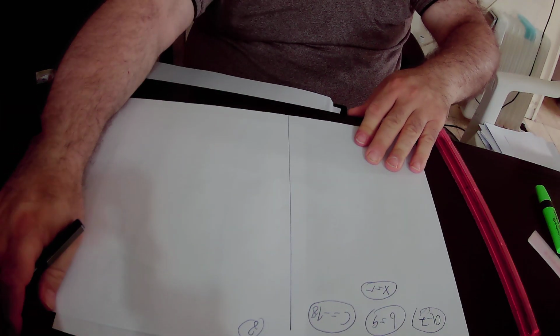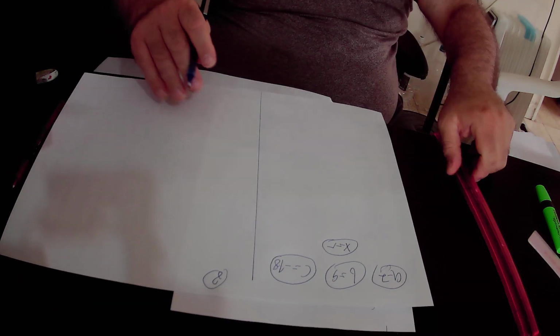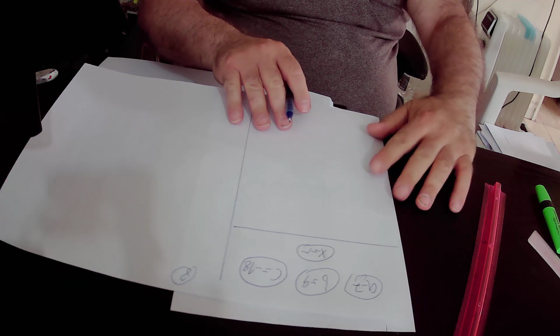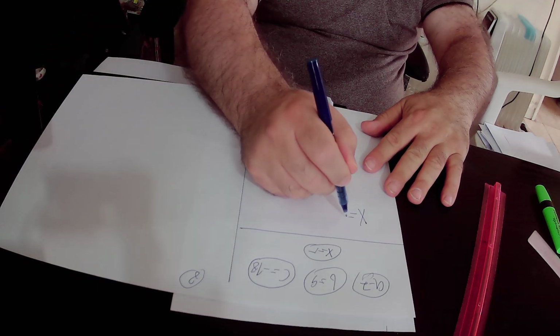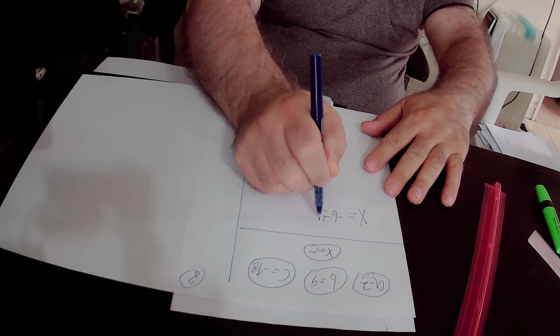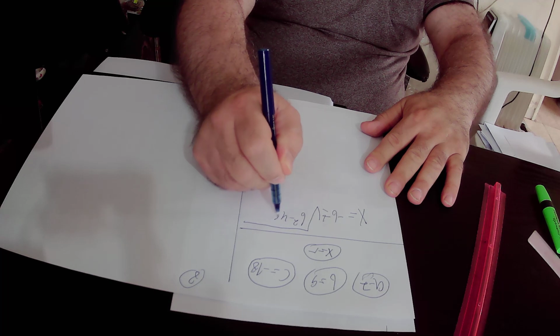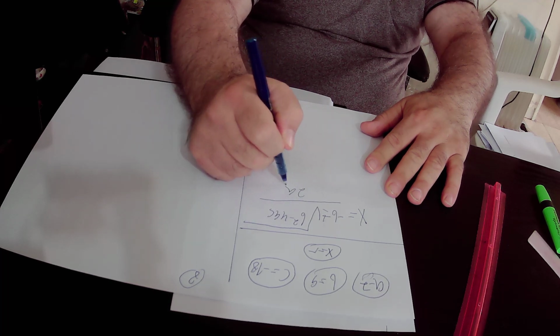And the general formula for solving the quadratic equation is x equals minus b plus minus square root of b squared minus 4 times a c, over 2a.